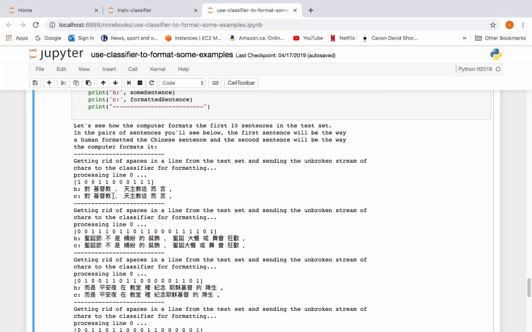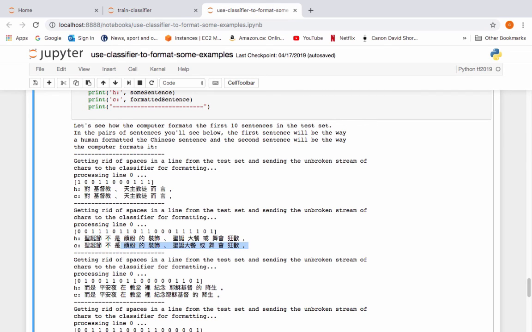It inserted the spaces between characters in the same way that a human would. Here, this is the way the human did it, this is the way the computer did it. It does everything correctly until here. It doesn't put a space here where it should have, because that's the way a human did it. And then I think it makes another mistake. Yeah, it puts a space here where it should not have.